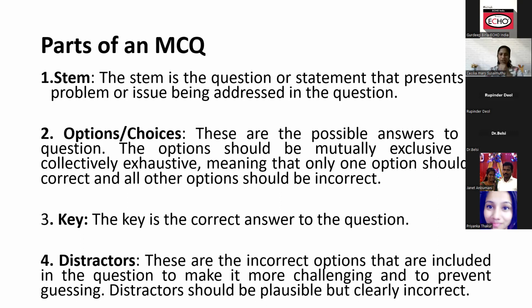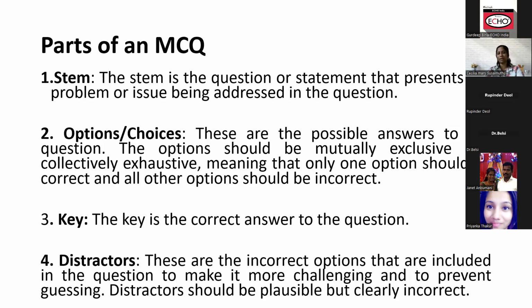Key is the correct answer to the question. It might be 1 or 2 as per the MCQ that is being formulated. Distractors are the incorrect options that are used in the question to make it more challenging, and also it helps the student to guess.